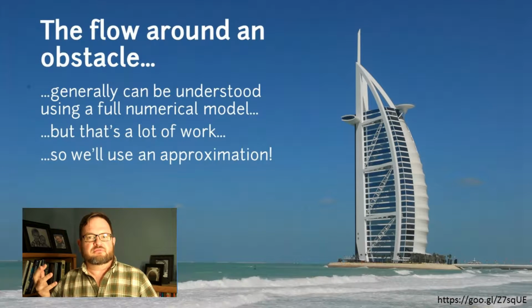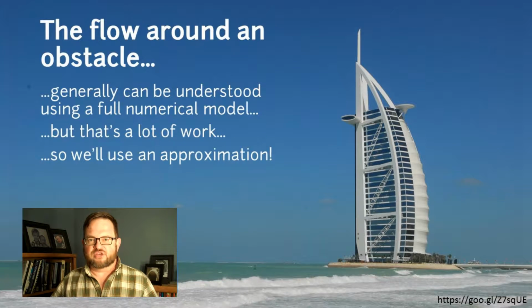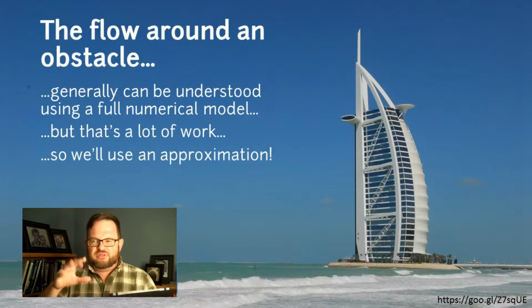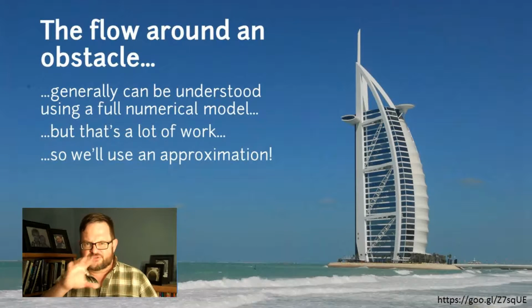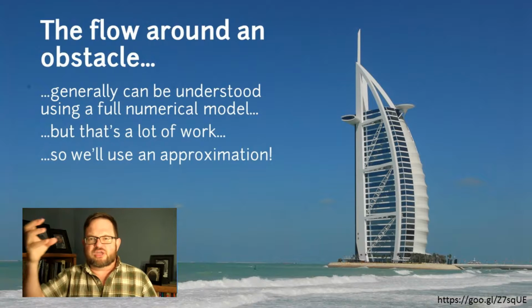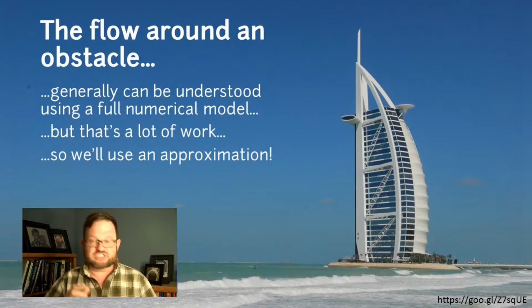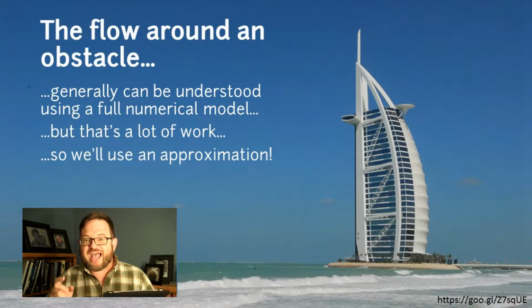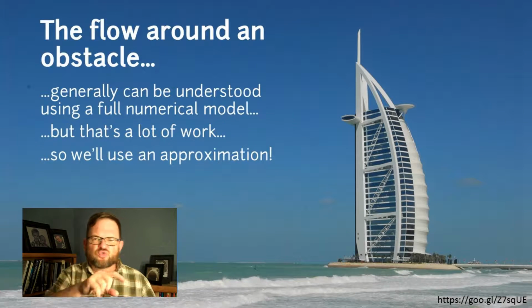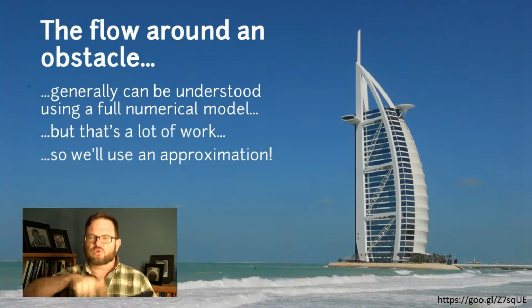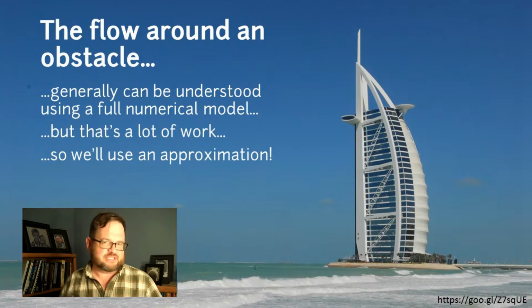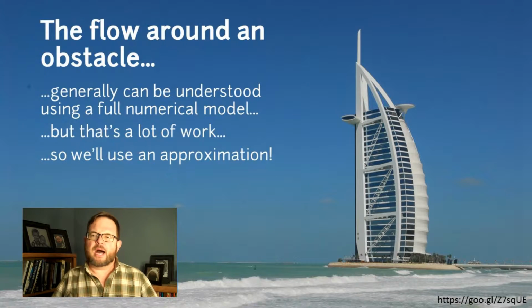The modern, awesome, cool way to do it would be with a full-blown numerical computational fluid dynamics model, where you're literally solving, you're dividing the area up around the building into millions and millions of little pixels and simulating the flow through each of them based on the 7 primitive equations, and we're going to see some examples of that. And that's really cool. And you can really see all the cool features as the flow separates, as it goes over the building and things like that, and we'll see some examples of that in just a little bit.